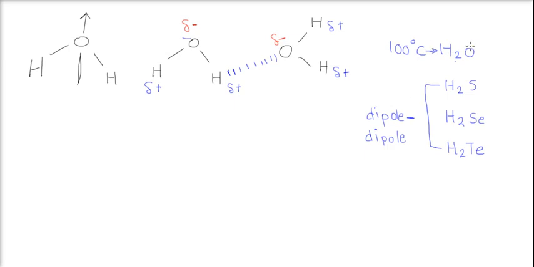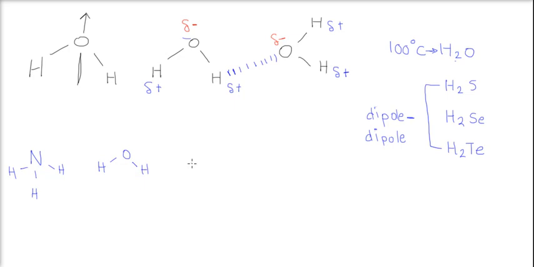So we see that this oxygen-hydrogen bond is very important when it comes to determining intermolecular forces. Some other common things that you might see with hydrogen bonding: this can obviously be between water molecules. If we have ammonia and water, so ammonia looks like this, and of course water looks like we just drew it.